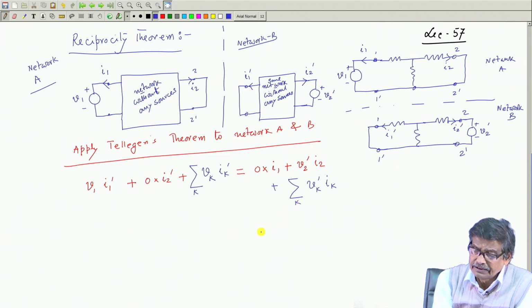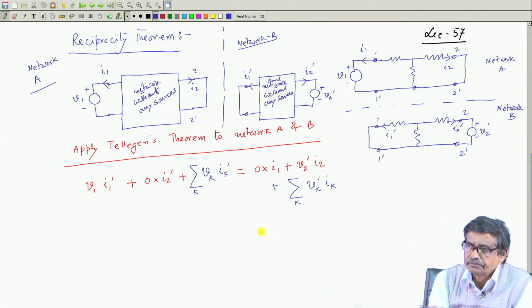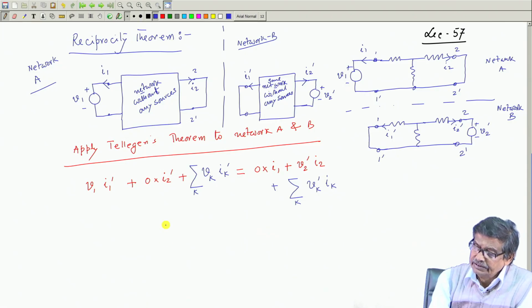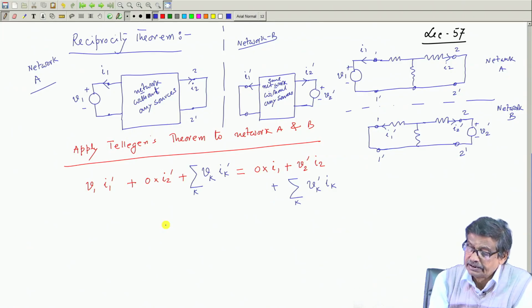So, first term, second term, then the k values here will start from k equal to 3 and so on. So, this is what Tellegen's theorem tells us, that this will be true.